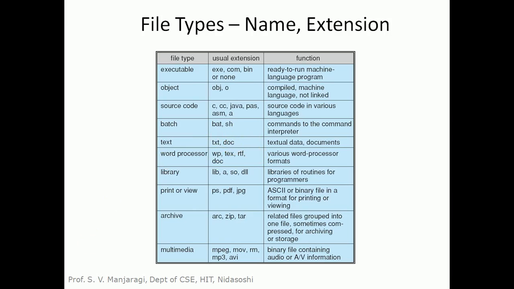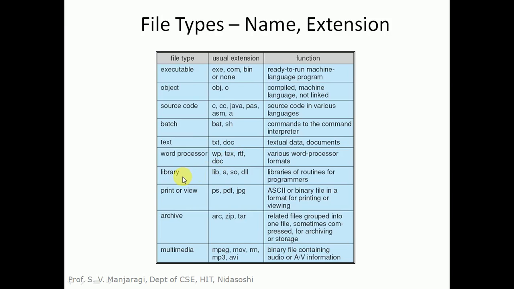It means a text file basically contains the textual data of documents. The next file type is word processor, which covers different word processor formats like WP, text, RTF, and doc.